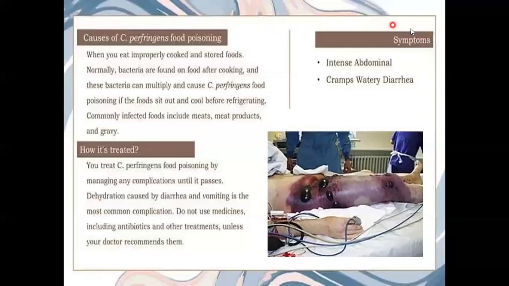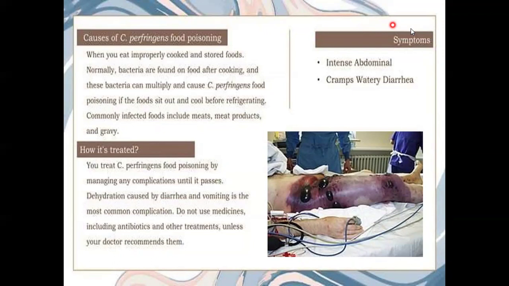Now, let me explain. If you eat something that has preformed toxins, for example Staphylococcus aureus, there is already preformed toxin, so that will be early onset. After 2 hours, you start vomiting, you start having diarrhea.